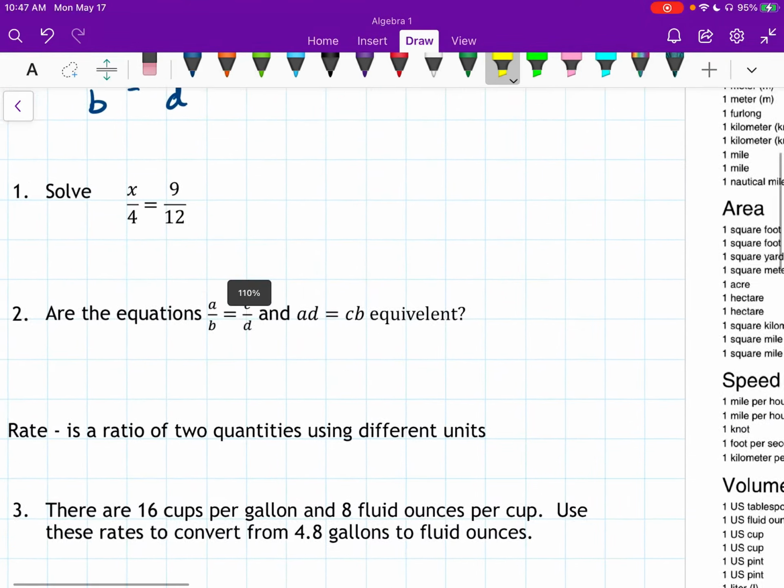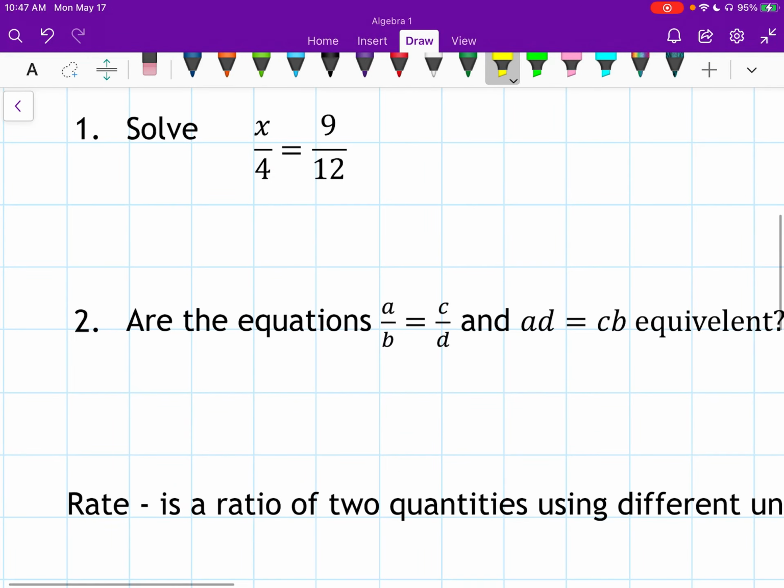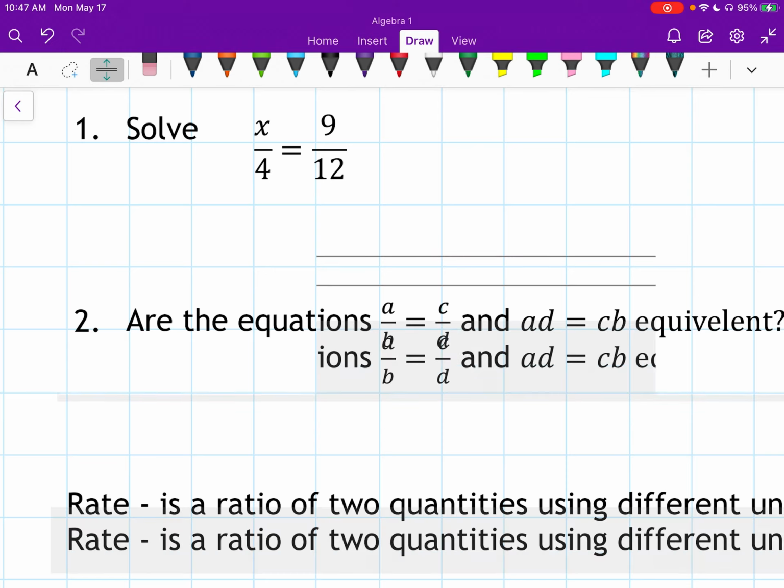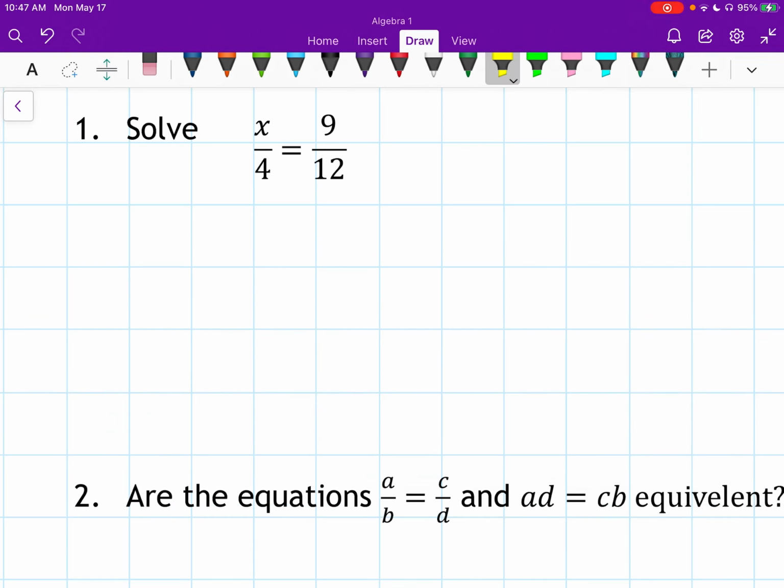So let's look at number 1. We're supposed to solve this. I know there are a couple of different ways people like to do that. Some people call one of them the butterfly method. The way that I look at this is I have my variable, and I want to do as little work as possible to get my variable by itself. So I have x divided by 4. To get x by itself, all I need to do is multiply by 4 on both sides.